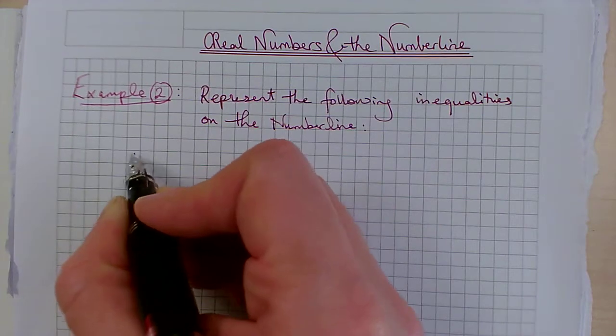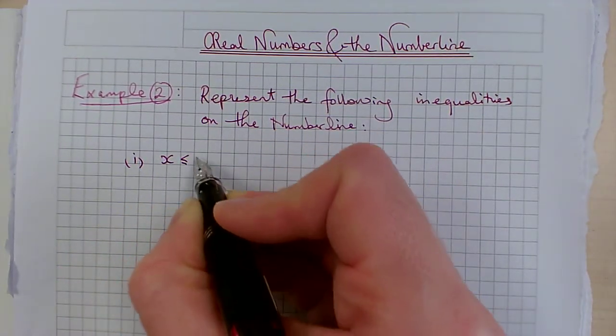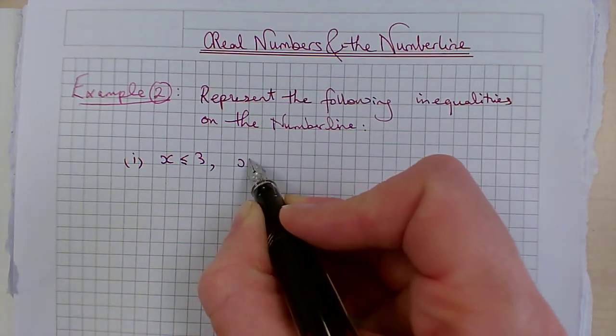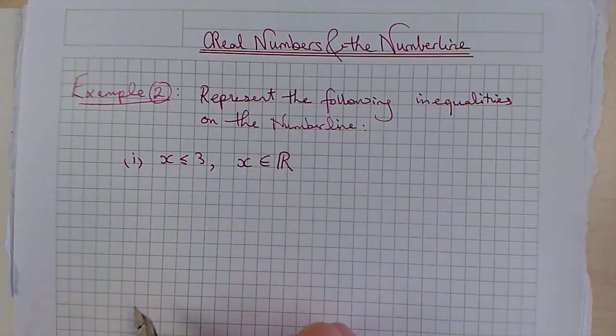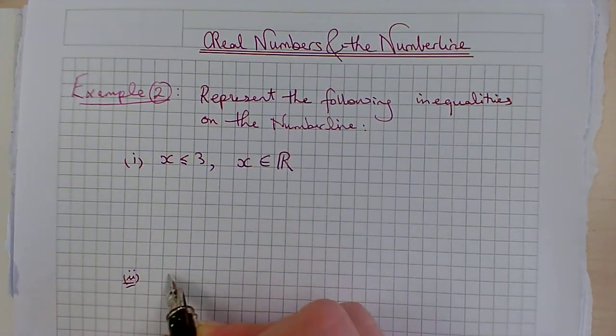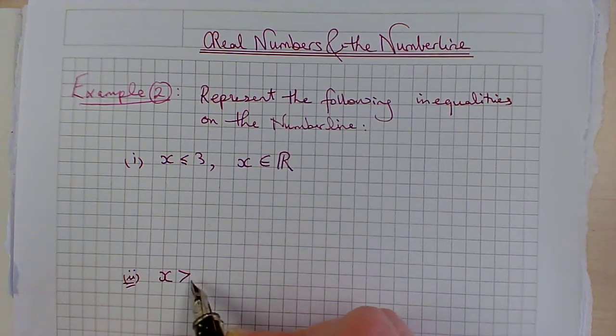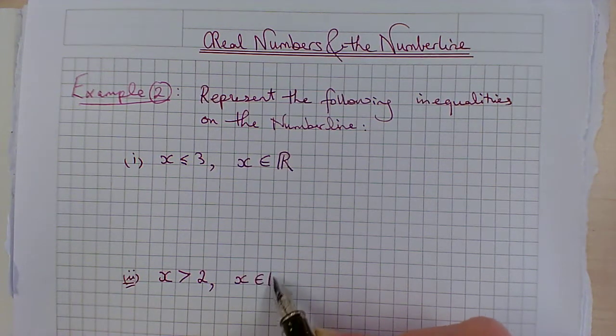Okay, the first one is x less than or equal to 3 and x an element of R. So x is a real number, including all decimals. The second one we're going to do is a strict inequality. So x strictly bigger than 2, can never be actually equal to 2, and x a real number.